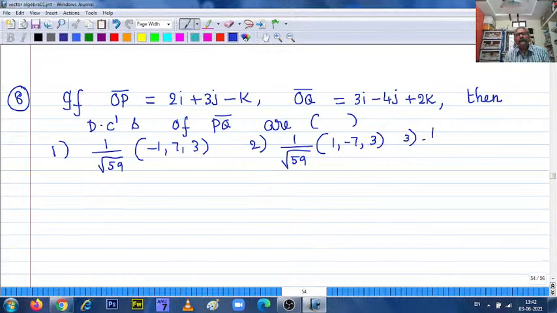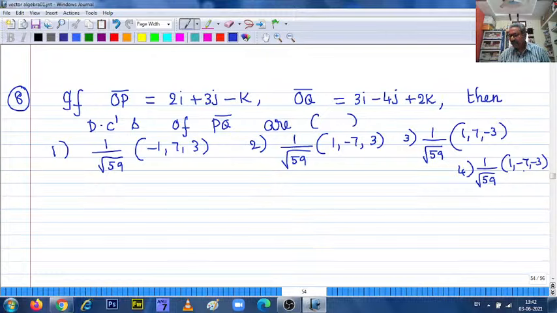Third option: 1 upon root 59 times (1, 7, minus 3). Fourth option: 1 upon root 59 of (1, minus 7, minus 3). Right. Our question is direction cosines of PQ bar we need to find out.